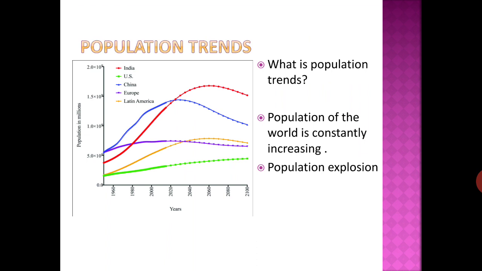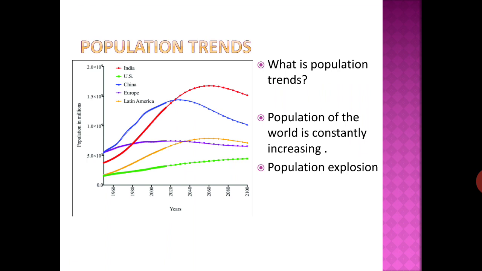Now let us have a look at the trend of population. The population of this world is constantly increasing at a very high speed, but at certain times the population could not grow.